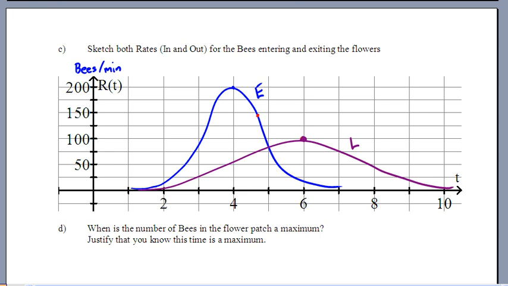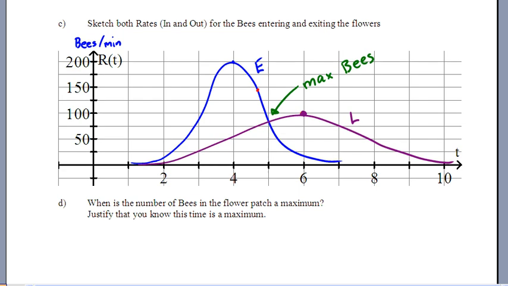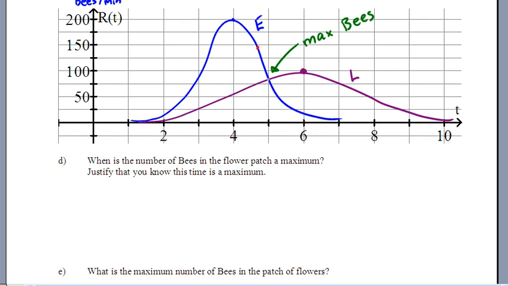And so the maximum moment of bees for this flower patch will actually be right at this crossover point, which is not exactly at time 5. It's close, but not quite. But that's when you're going to have the maximum number of bees. So they're like, yeah, go ahead, get that time and then justify that you've got a maximum. I'm looking for that crossover moment.